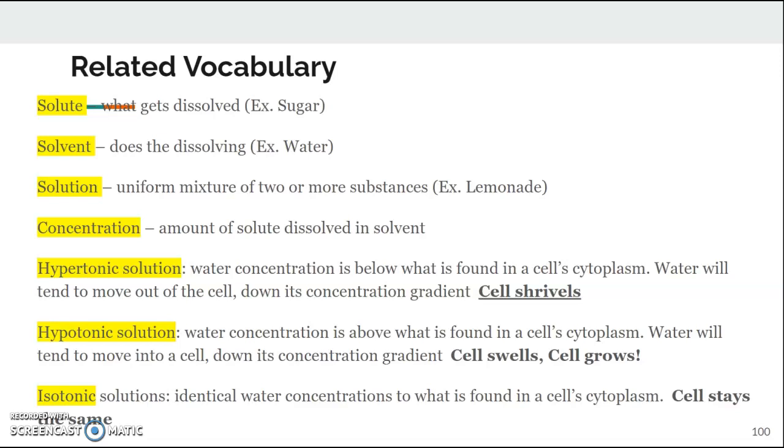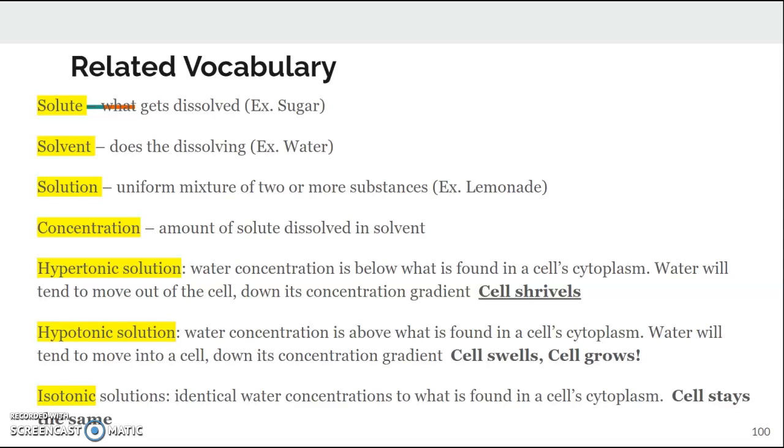Concentration is the amount of solute dissolved in a solvent. So Chick-fil-A's lemonade, very concentrated. McDonald's lemonade, not so concentrated. I'm kidding. So a high concentration is something, if it's lemonade, that would be really, really sweet. A low concentration is something that's not as sweet.